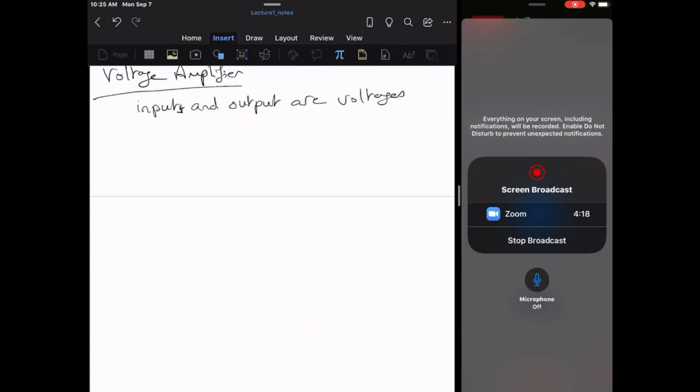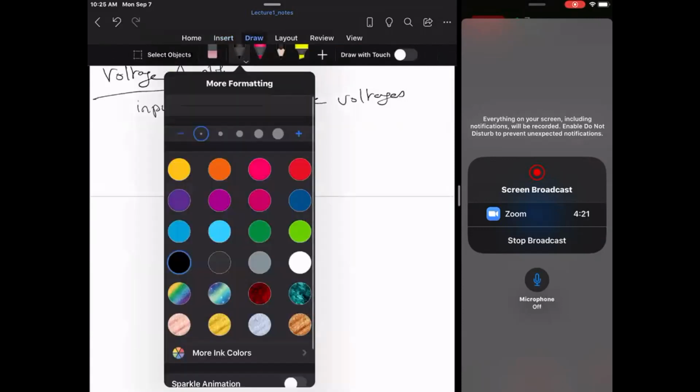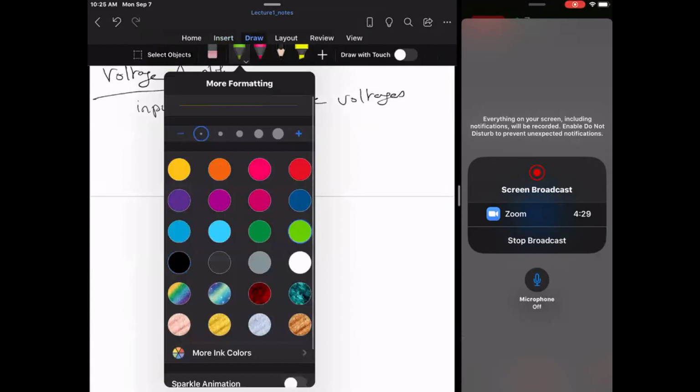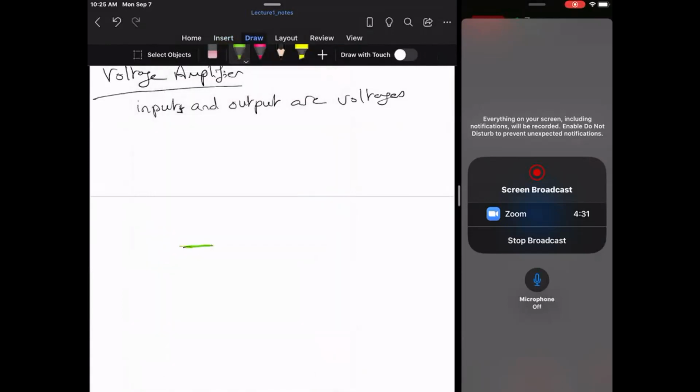So my amplifier is going to have the input port, which brings for us a small signal, it will also have the output port, which will amplify the signal, and it will also need a DC supply to power it on. And this is the ground, this is the in, this is the out. So we are going from here on to call this plus or minus Vin, and this is plus or minus V out.